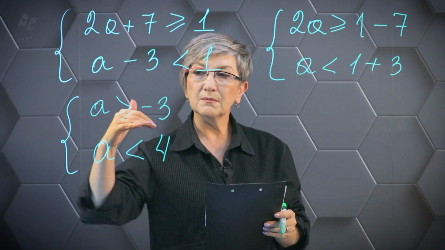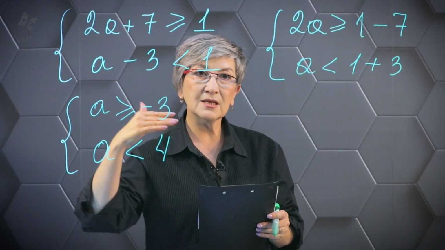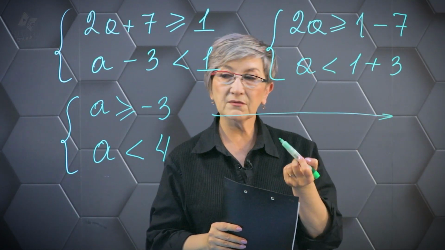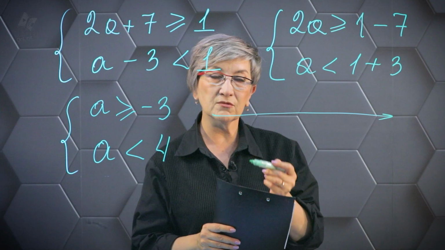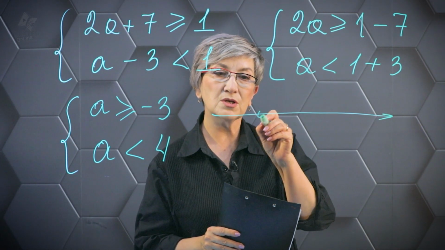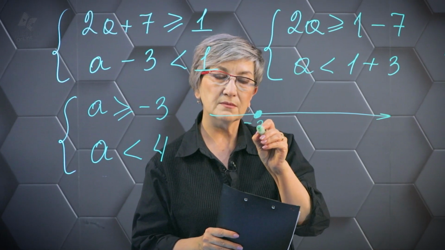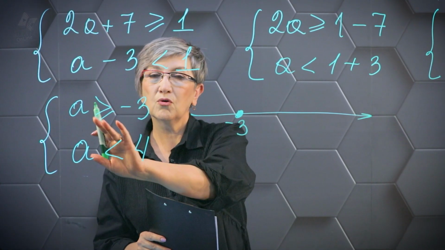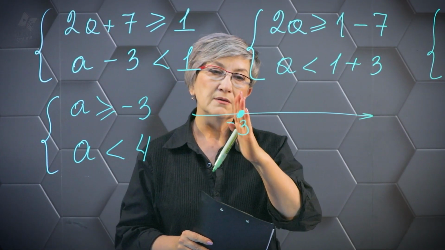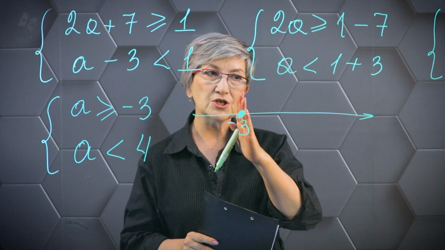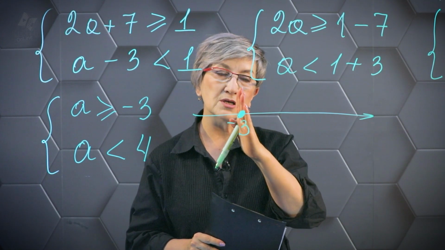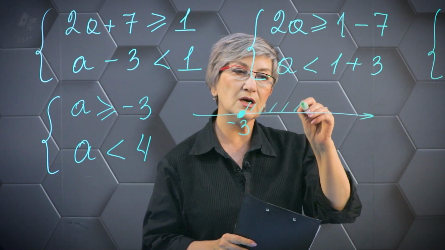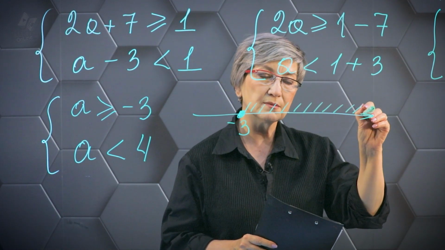And now let's demonstrate this solution on the coordinate line. The first inequality: a is greater than or equal to minus 3. I mark this point with a coordinate of minus 3. Numbers that are greater than minus 3 are located to the right of minus 3, and I mark this segment.